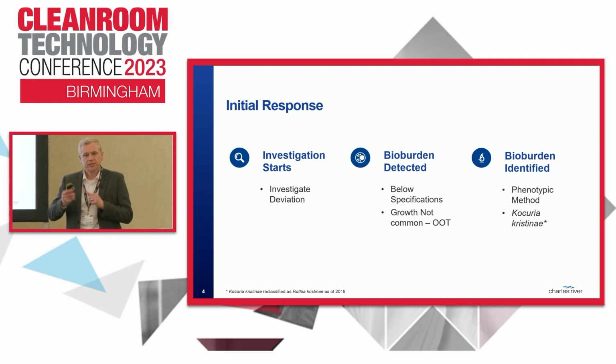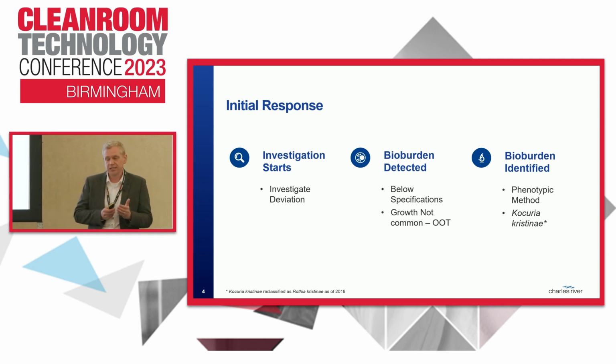This company had an in-house ID system, an automatic phenotypic ID system, which is quite a common ID system for people to have in-house. The way that system works is you have to carry out a gram stain before you put the sample onto the system, and the gram stain tells you which type of reagents you use for the next steps.